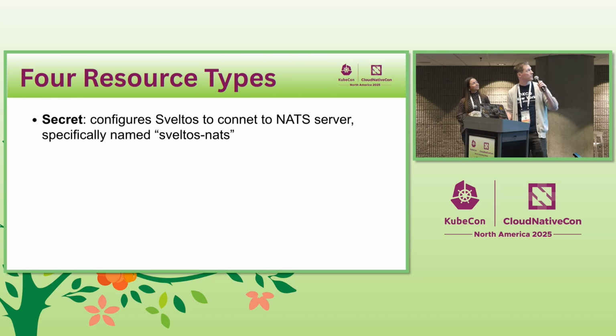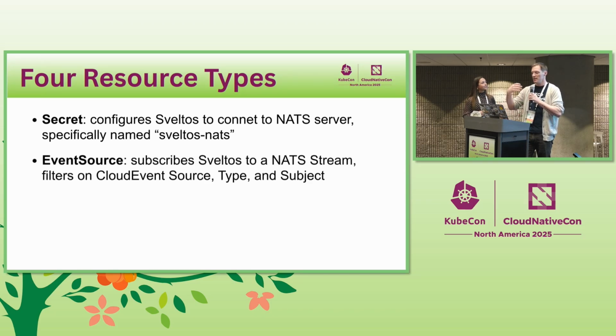The first we're going to look at is a secret. Sveltos connects to the NATS server using a specifically named secret called sveltos-nats. We're going to look at the configuration for that, and we'll show you how it's working for this demo. The next is the event source.